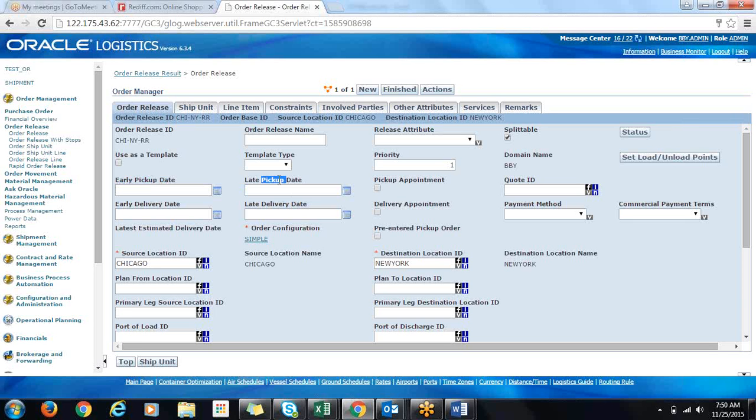You can say I want it picked up today, or moved in the next week, or picked up next month. Schedulers are basically time dates which you can impose to tell OTM when to pick up and when to deliver. We generally call it scheduled for either pickup or delivery.